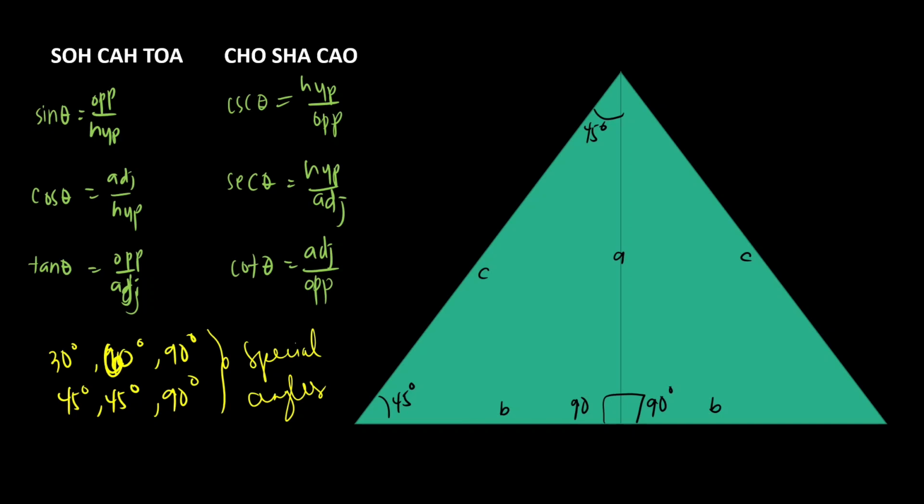And here is the 30 degree, 60 degree, and the 90 degree. So how about the sides? For the sides we have a formula on how we're going to get them. Because we already know the angles inside, while the sides we don't know yet.